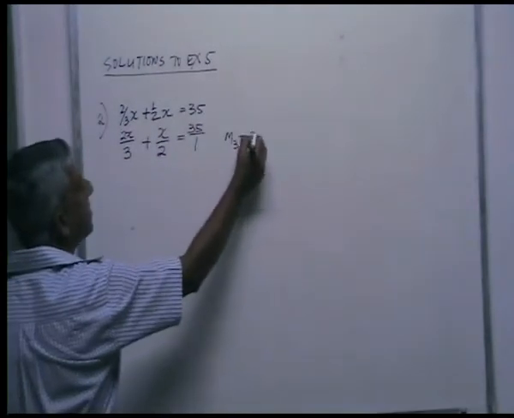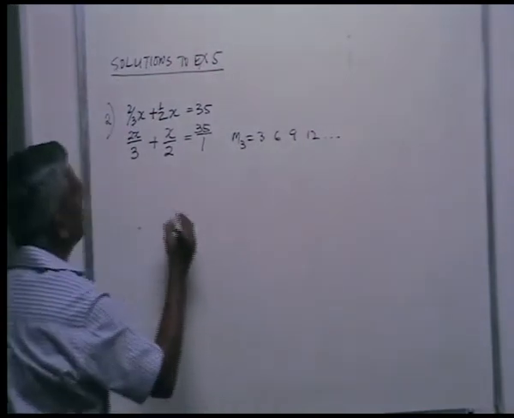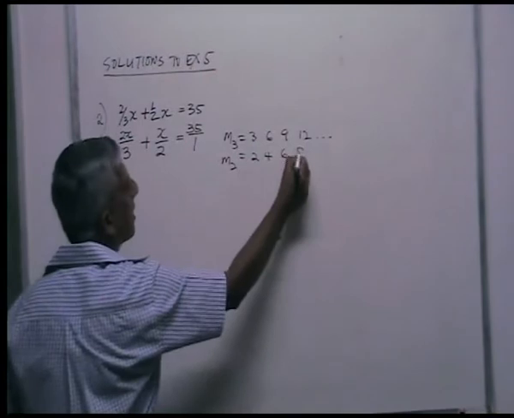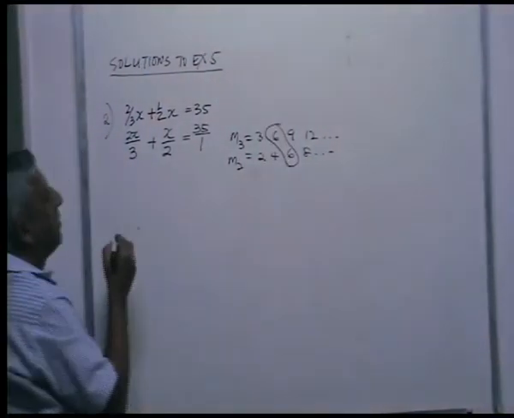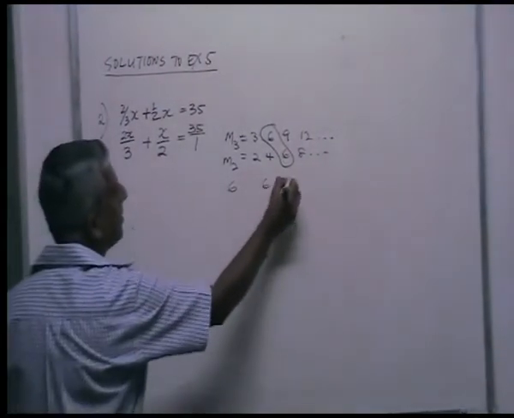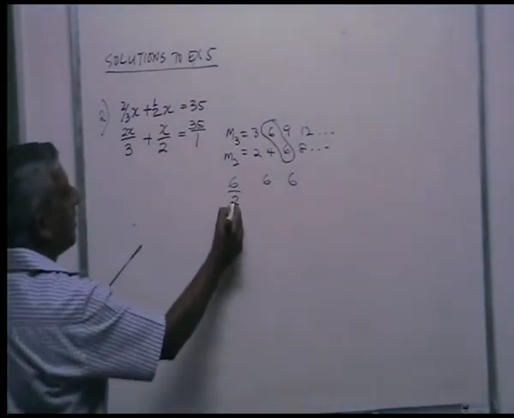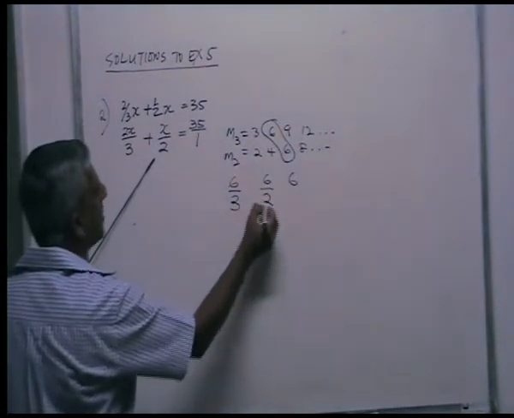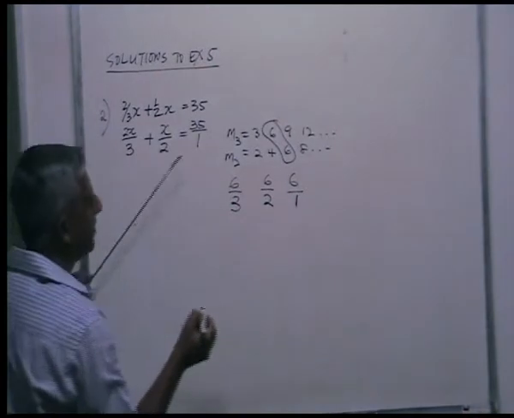Multiples of 3 are 3, 6, 9, 12, etc. Multiples of 2 are 2, 4, 6, 8, etc. And clearly the LCM is 6. So you're going to write 6 down 3 times. First time you'll divide by 3, the second time you'll divide by 2, the third time you'll divide by 1.